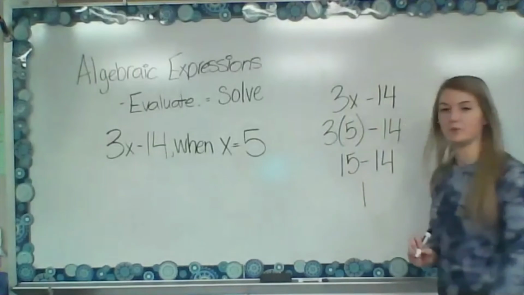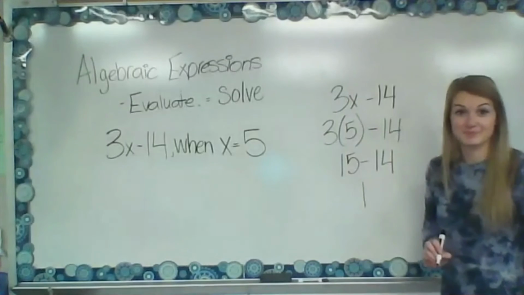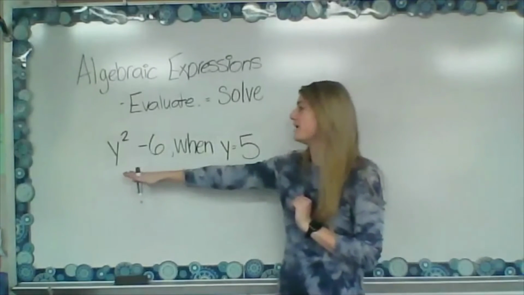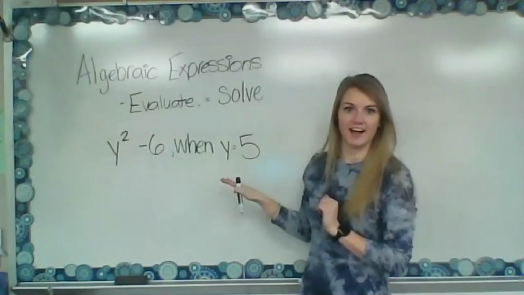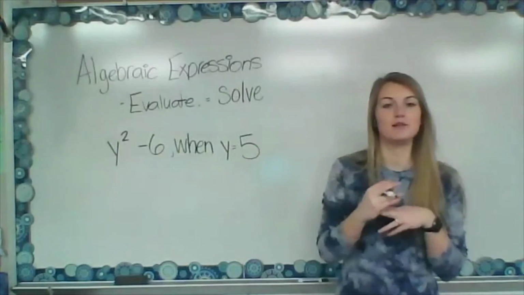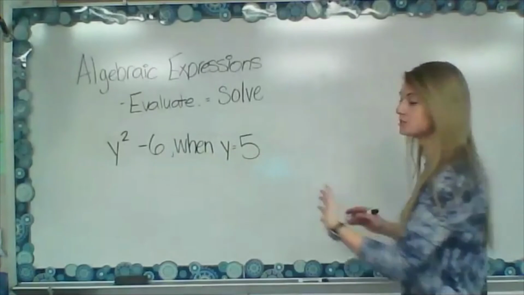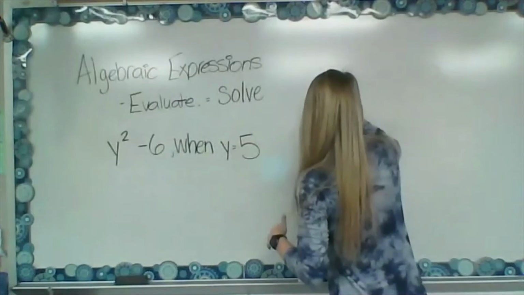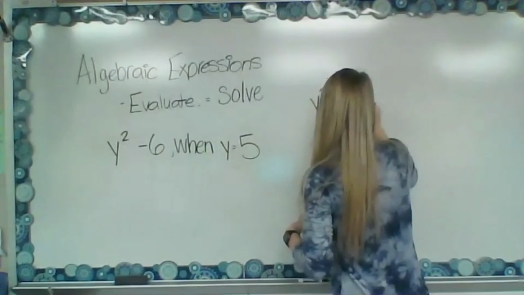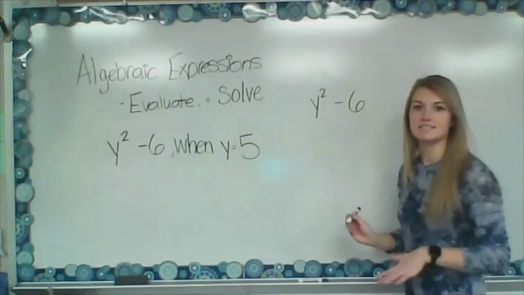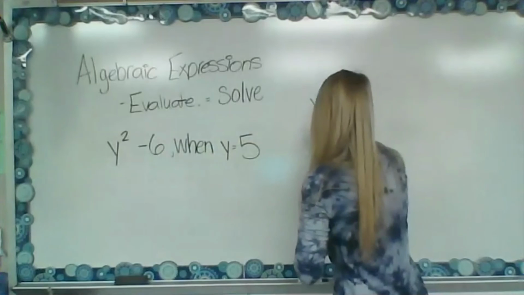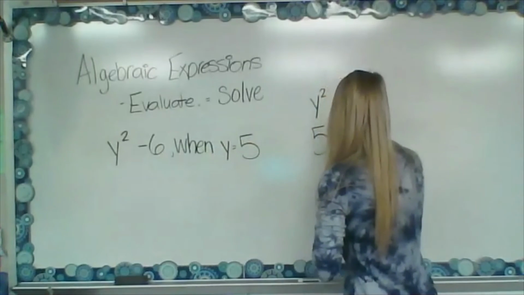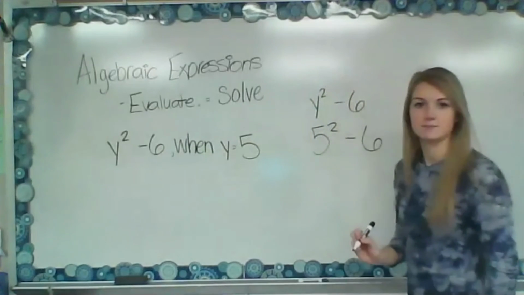Let's do another one. I've got y squared minus 6 when y equals 5. Again, we just follow the same steps. So what's my expression? Y squared minus 6. So I'm going to write that down. Next step, y equals 5. So where there's a y, I'm going to put 5. So now we have 5 squared minus 6.